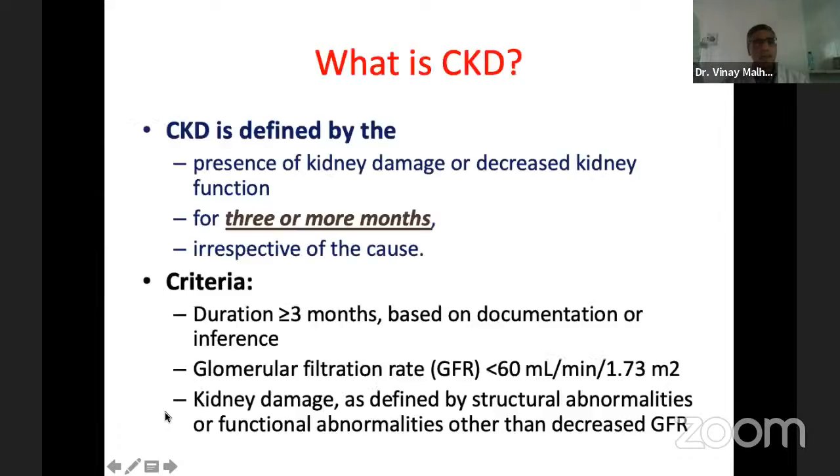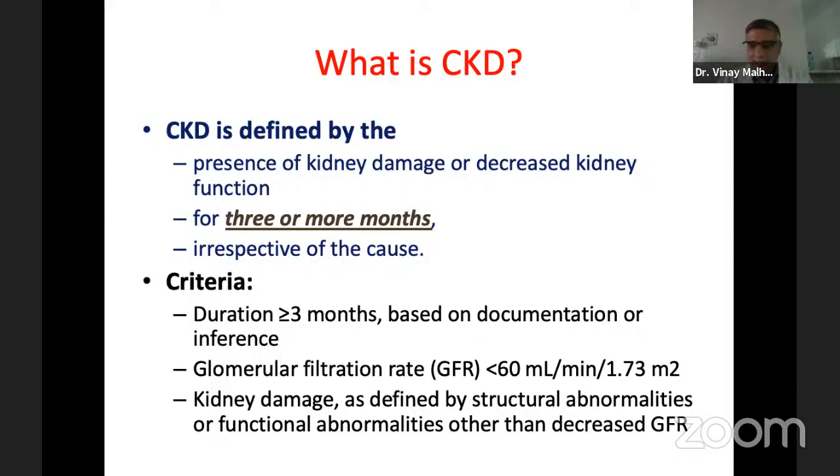First of all, if we talk about the definition of chronic kidney disease, the disease is there for more than 3 months, and the GFR is less than 60 ml per minute for more than 3 months, or if you have other evidence of kidney damage, that may be in the form of pathological damage, like if on biopsy you are finding some fault, or on the basis of radiology.